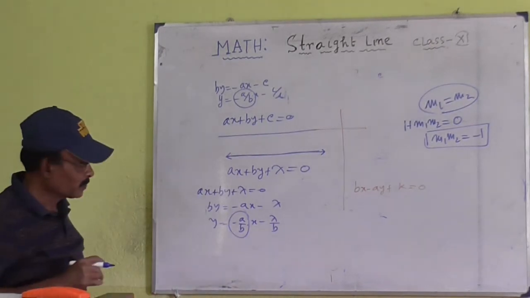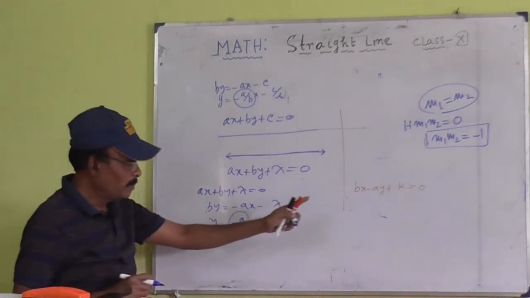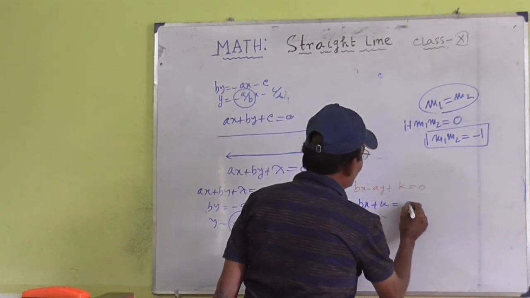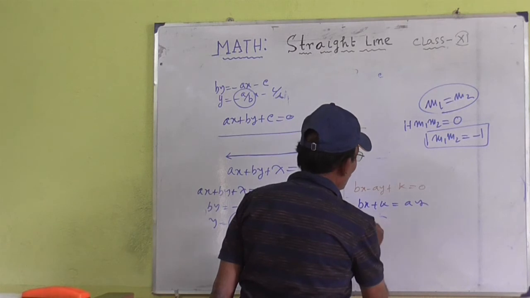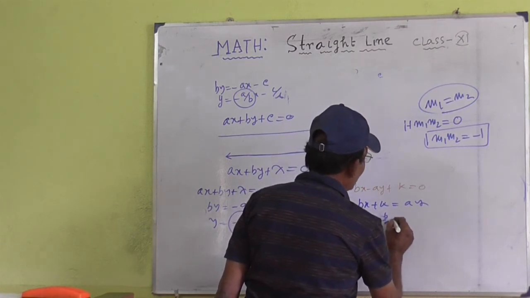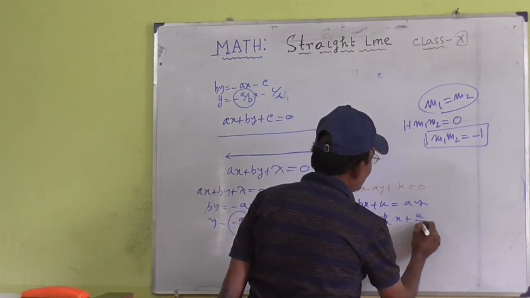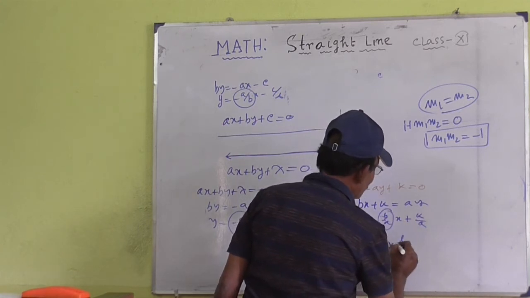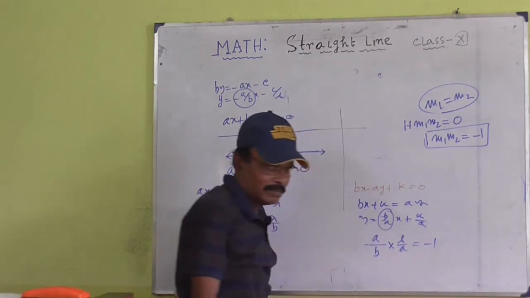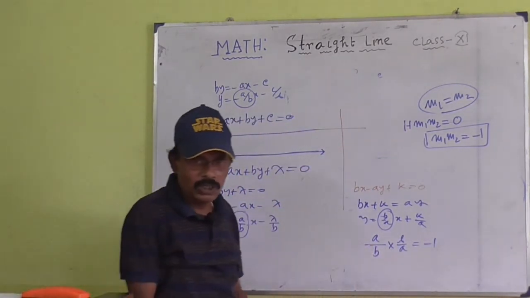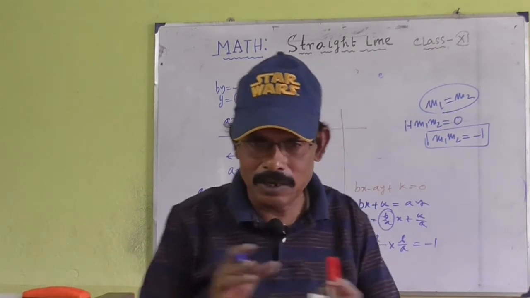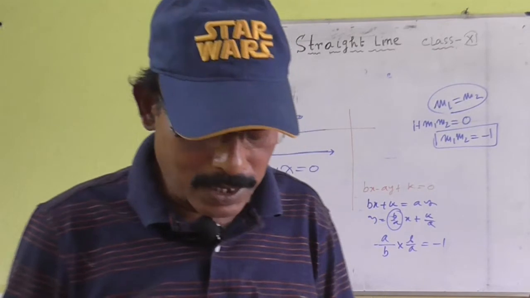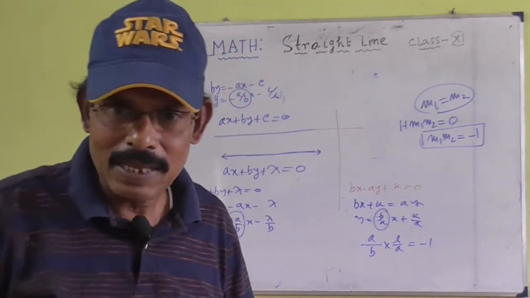In this way, if we solve bx minus ay plus k equal to 0, then bx plus k equals ay, so y equals b by a into x plus k by a. Then minus a by b into b by a equals minus 1. This is very clear. So when the two straight lines are perpendicular to each other, the product of the gradients is minus 1.